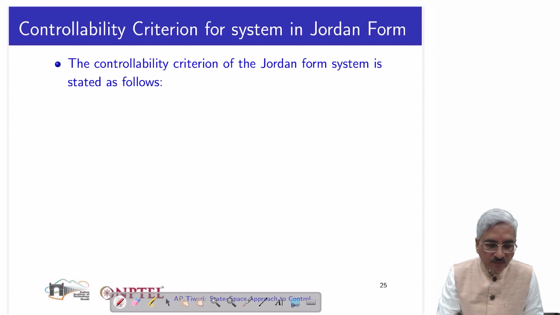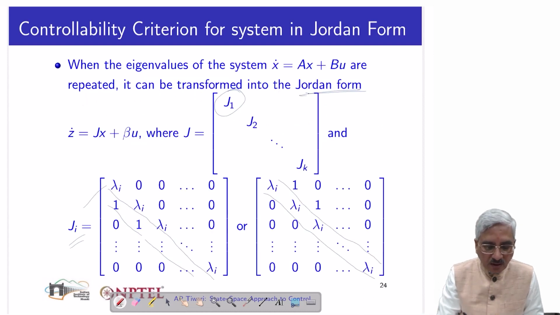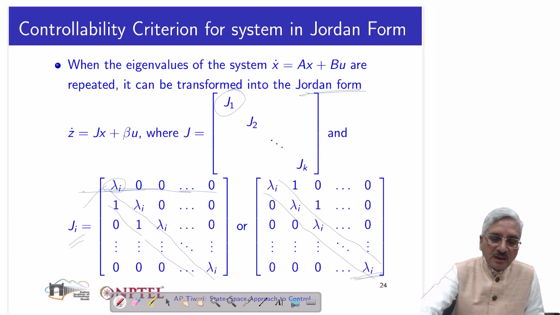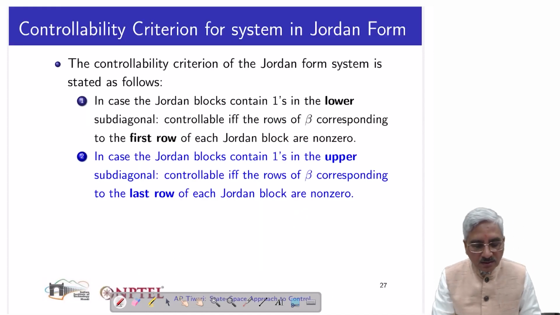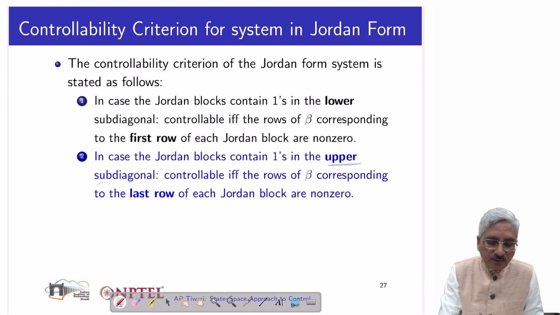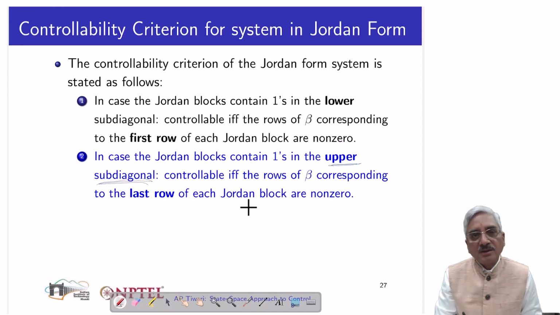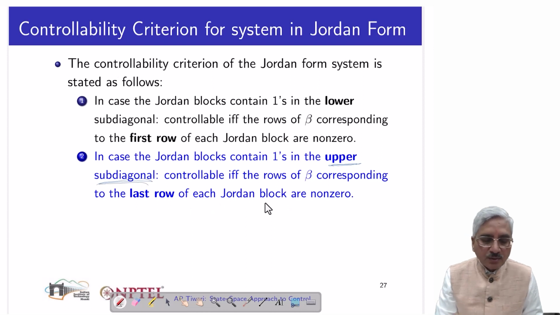If I go back, that means in the corresponding beta matrix, which is not shown here, the first entry, the row corresponding to the one along this, should be non-zero. And in this one, we have to see the last row. So in one case we have to see the first row, and when it is the upper subdiagonal, then we have to see the last row corresponding to the Jordan block in the beta matrix; that should be non-zero, and then the system will be controllable.